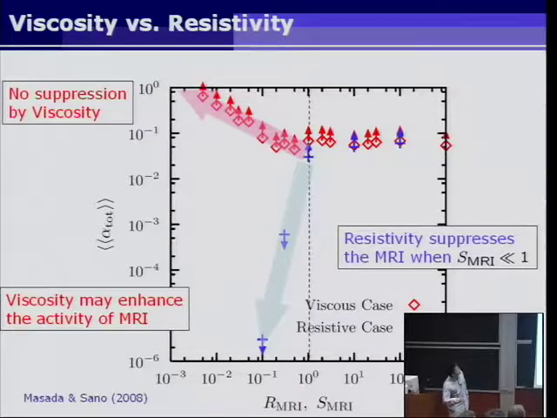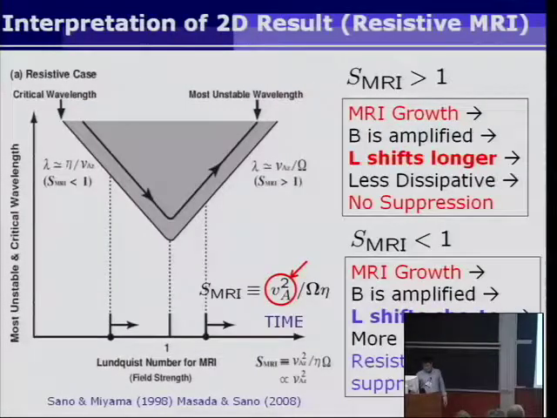But in the viscous case, even with very small Reynolds number, the MRI just goes to nonlinear evolution. And of course, this is 2D, but the difference is quite obvious. So we considered the origin of this difference.